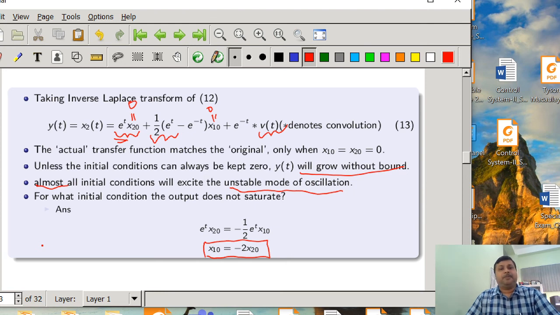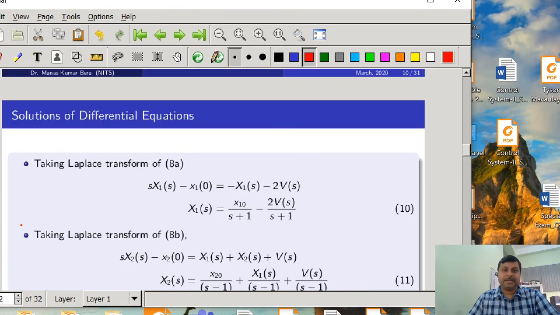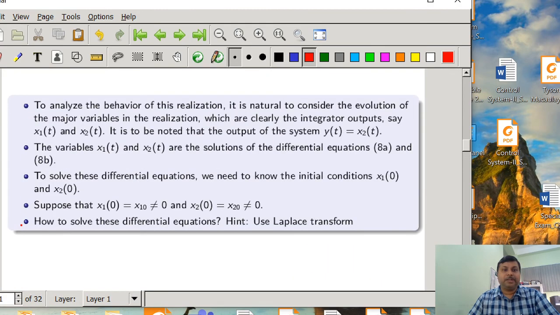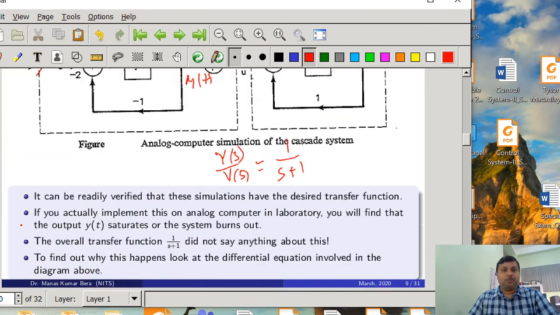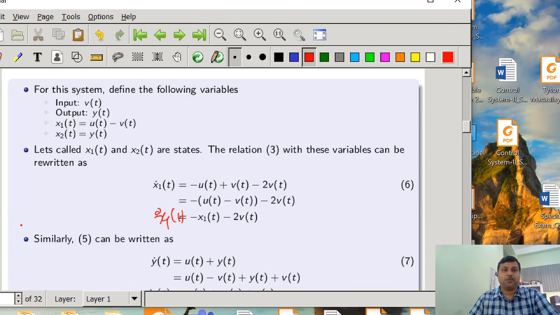So now I think with this lecture it has become clear what can go wrong if we assume that all initial conditions are zero for a given system. Also one important thing is clear: we need to represent the system along with the input and output and some internal variables, which here are x1(t) and x2(t).